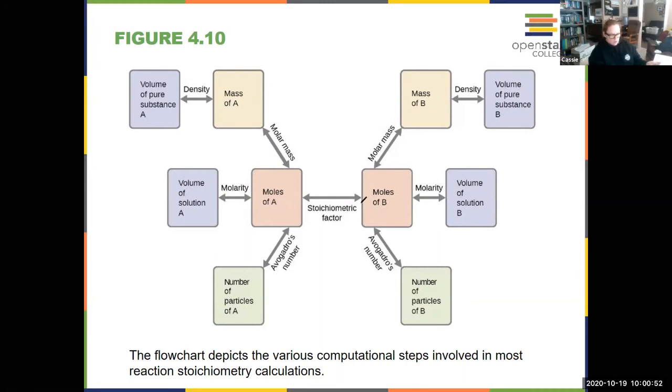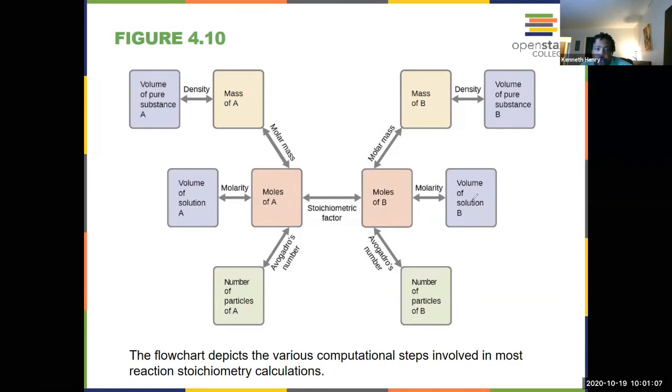Okay, so now I can calculate the number of moles of B. From that, I can calculate the mass. I can also calculate the volume. Or I can come over here, use the molarity, and calculate the volume of the solution. Or I can calculate the number of particles of B we have using Avogadro's number.